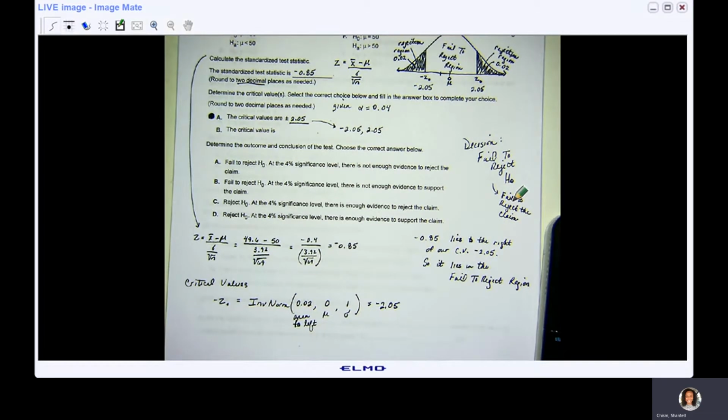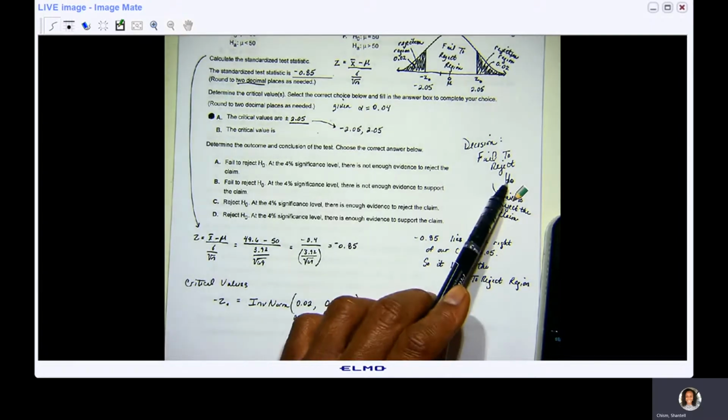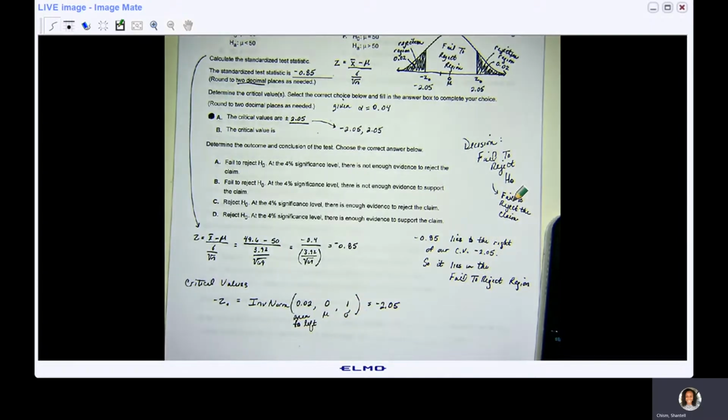You'll either say there is enough evidence to reject the claim, or there is not enough evidence to reject the claim. That is when H naught is the claim. When HA is the claim, your interpretation is written in terms of support. You'll say there is enough evidence to support the claim, or there is not enough evidence to support the claim. That's when your claim is HA.